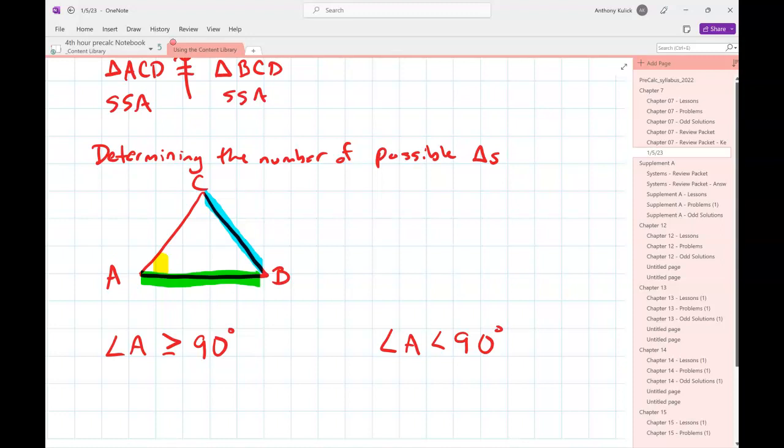So what that's saying then is that if angle A is greater than or equal to 90, then side CB has to be greater than AB, because CB has to be the hypotenuse. It has to be the longest side if it's opposite the biggest angle.